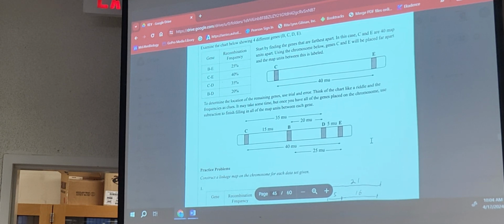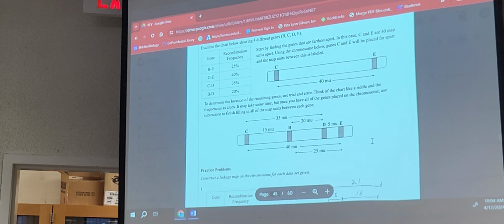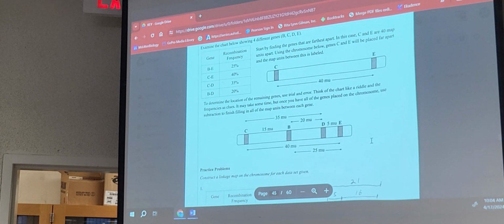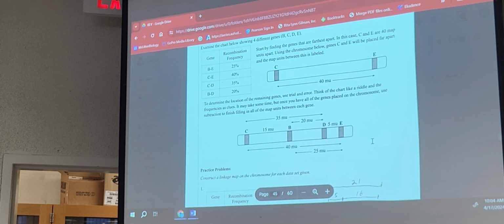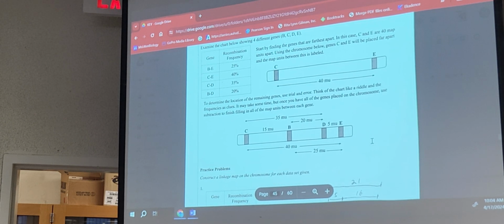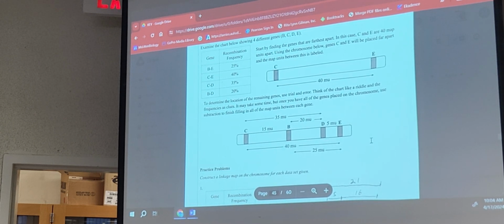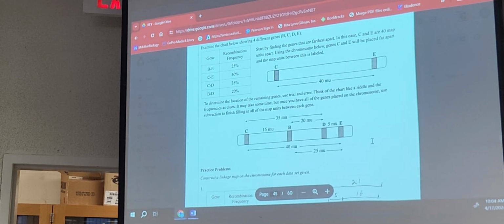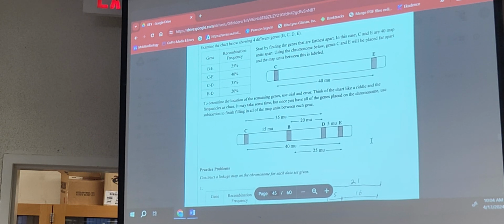This could be 35, or this could be 35. We know that this is 40. And quite honestly, could E be over here at 40? Absolutely. Either way though, D is shorter than that. Does that make sense? Is that okay for that?